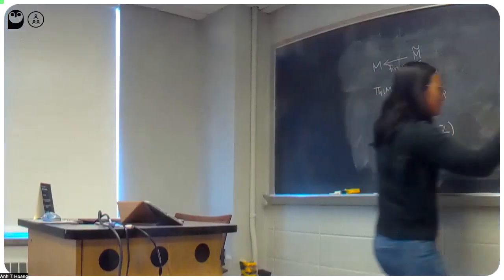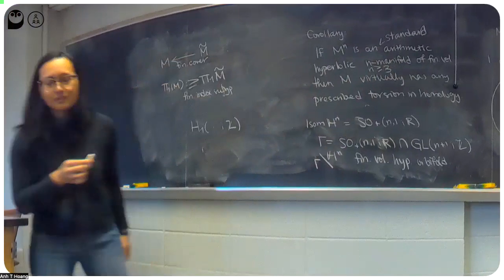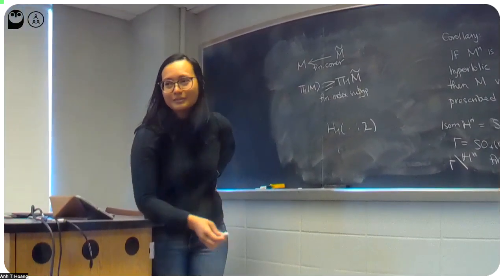Actually, I forgot to say that n has to be at least 3. Because in the case when n is 2, then you get free groups. Yeah. Anyway, it's completely different to having a free subgroup, for instance.